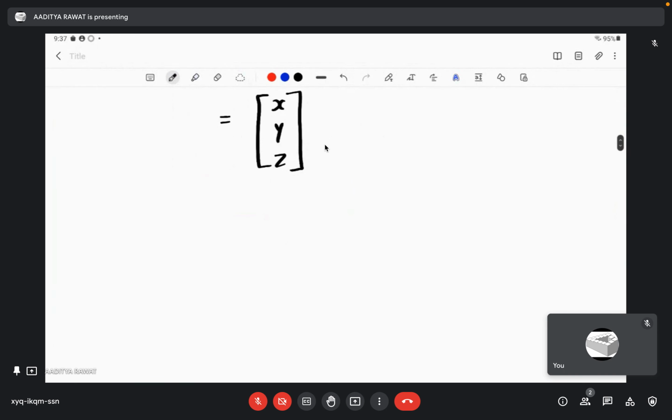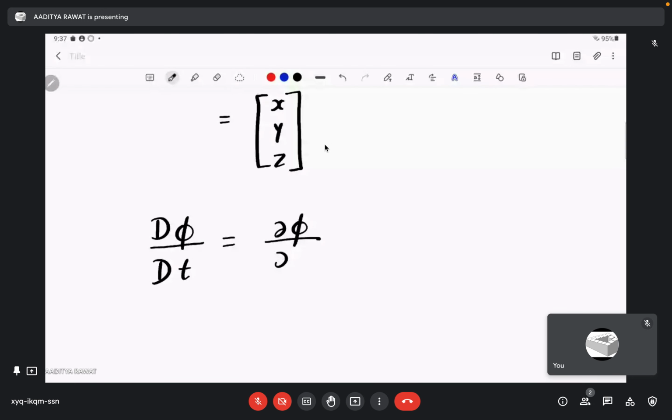Now let's consider the material derivative. For a general property, this can be vector or scalar, a general property phi, we know that the material derivative, D phi by Dt, where D is capital, the material derivative of phi with respect to time, is equal to del phi by del t plus v dot the del operator into phi.